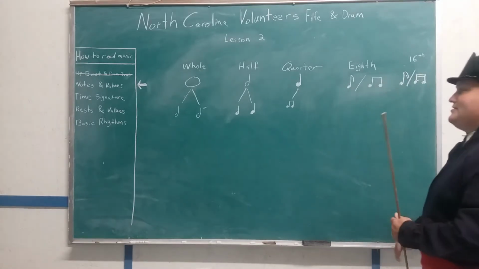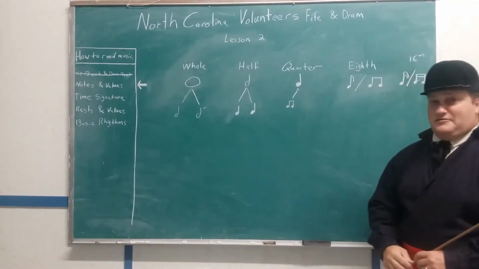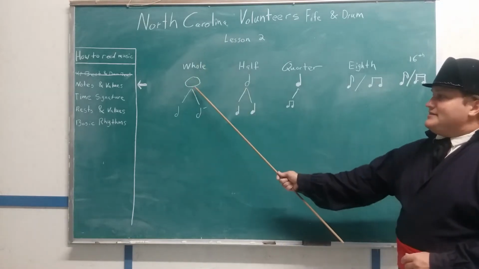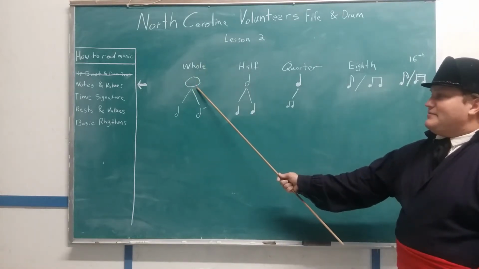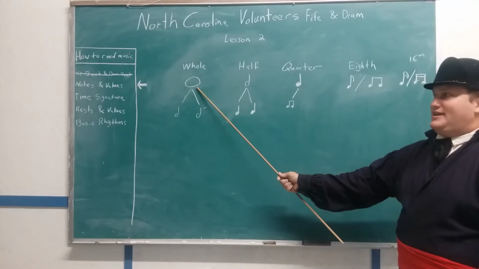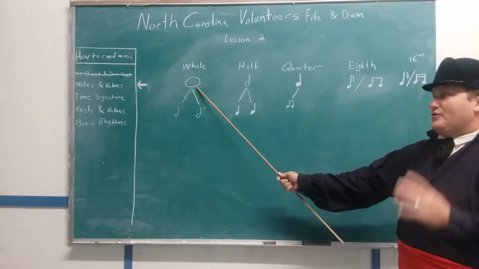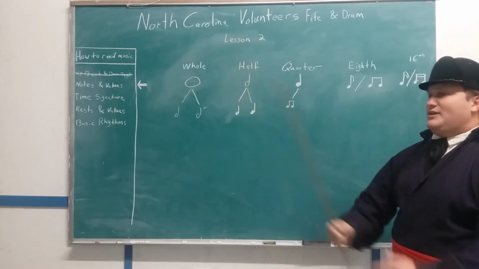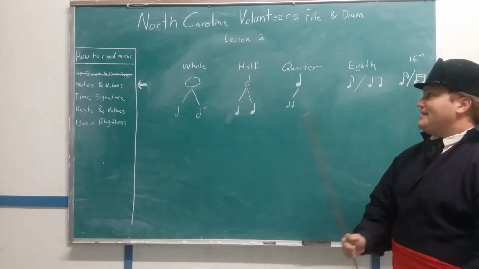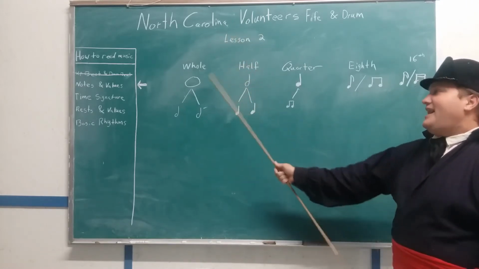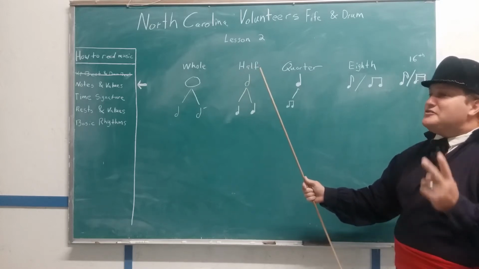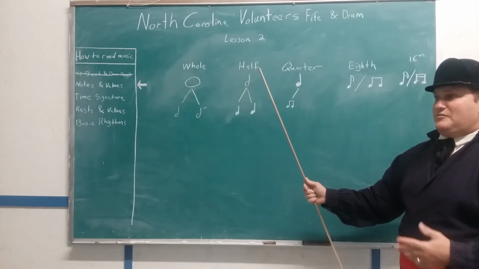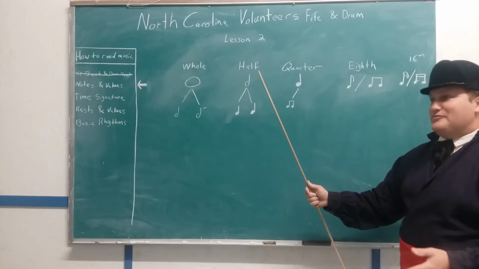All right. So, values. This typically in music will get to a count of 4. So 1, 2, 3, 4. It would fill up that whole space. A half note is half of 4, so it would get 2. So if you were holding a note or playing a note, it would get 1, 2.